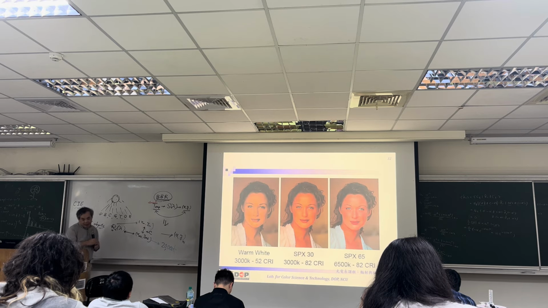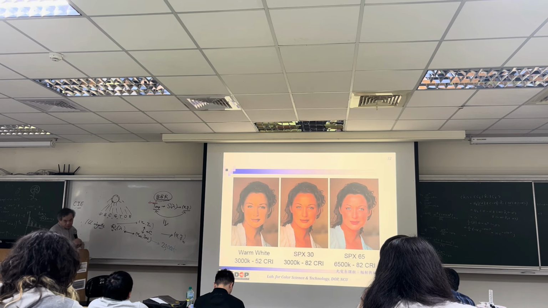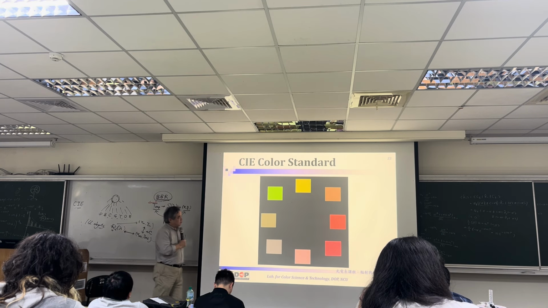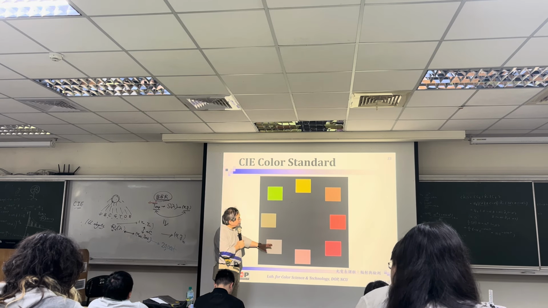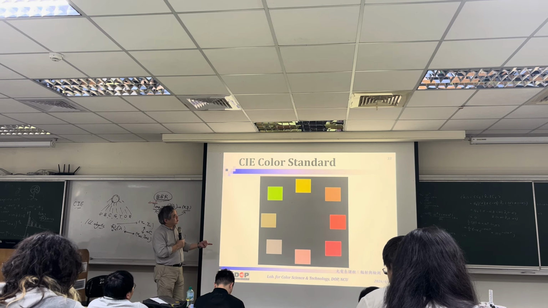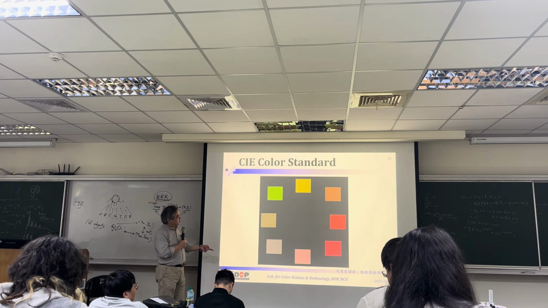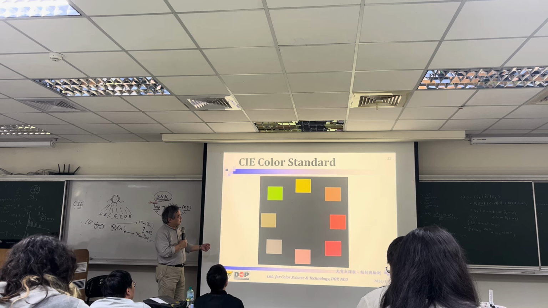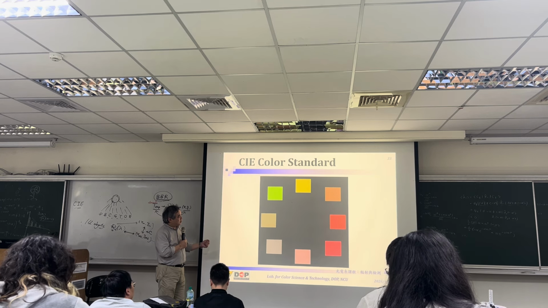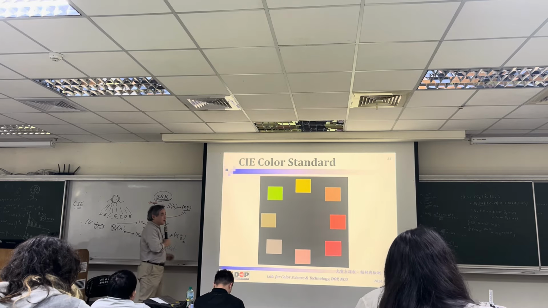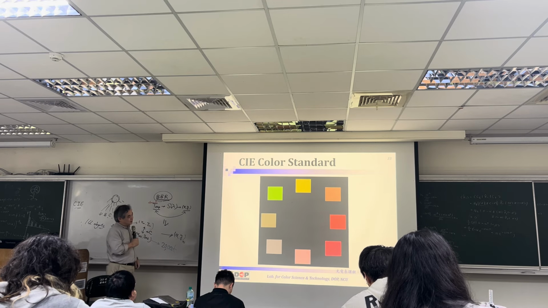Next is CRI. How to calculate CRI? I just tell you the concept, right? So CRI has defined 8 color samples. So this is the standard color sample. They have ever prepared in the beginning when the standard announced.